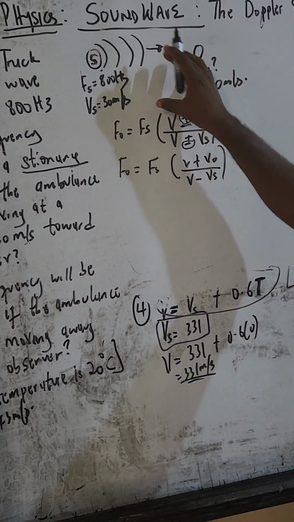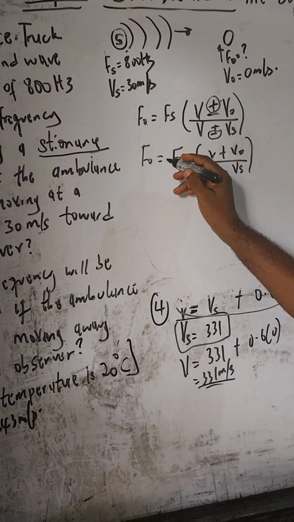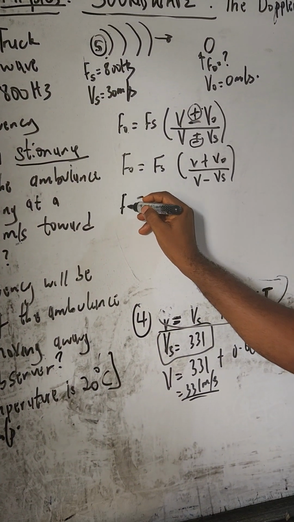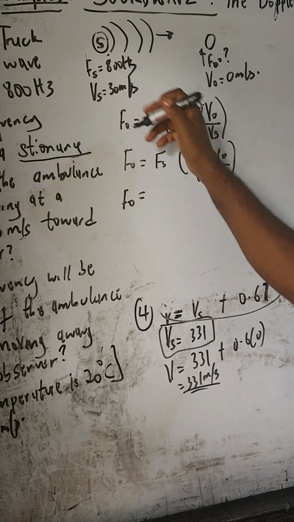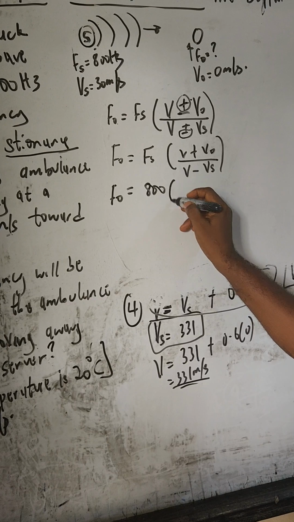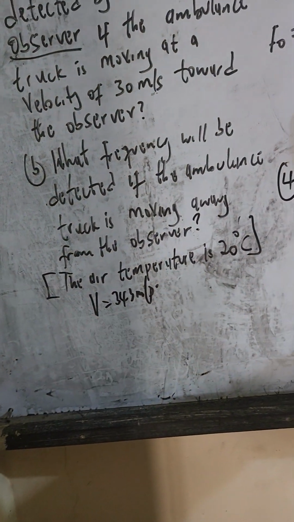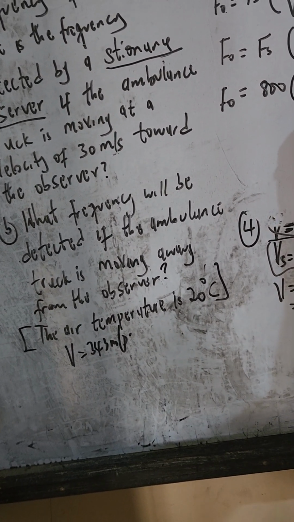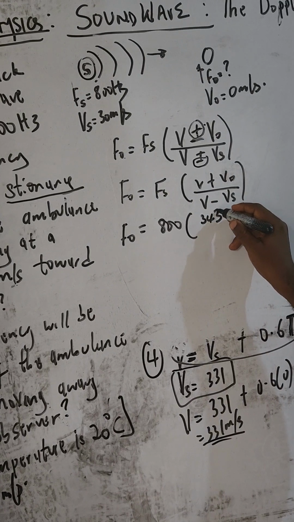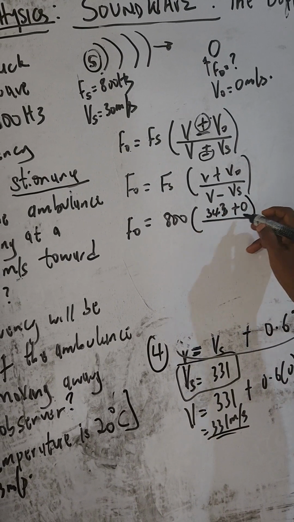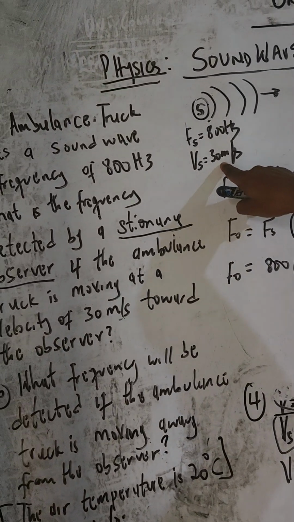Now, in the parameters given concerning this question, the frequency of the source Fs is 800, and the velocity of sound is what we have here, 343. So I put 343 here. Then plus velocity of the observer is 0, so that is plus 0. Then divided by 343 minus velocity of the source given is 30.